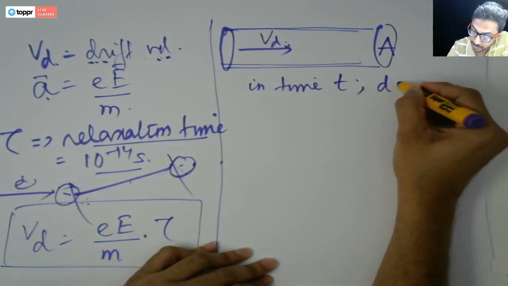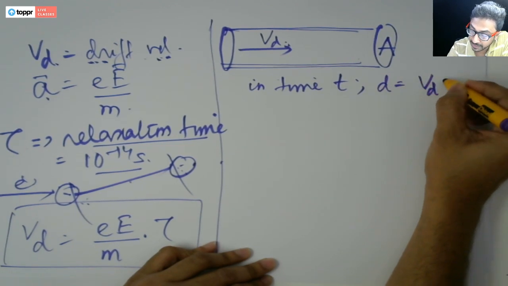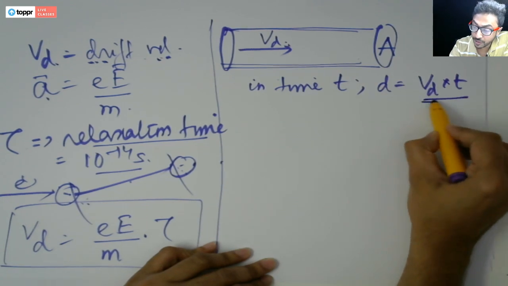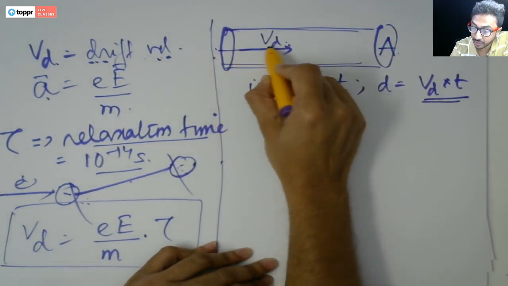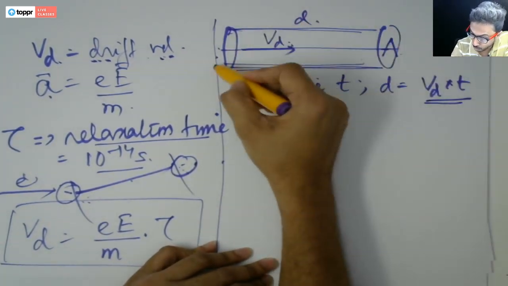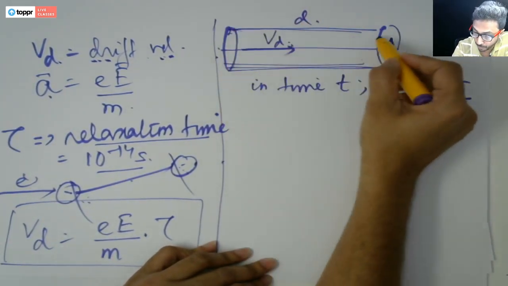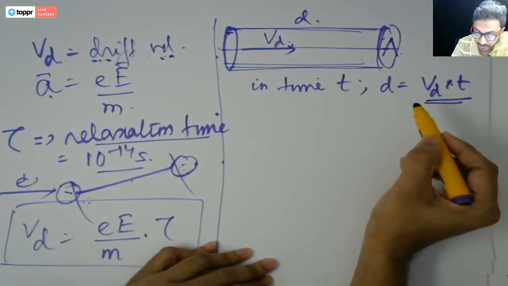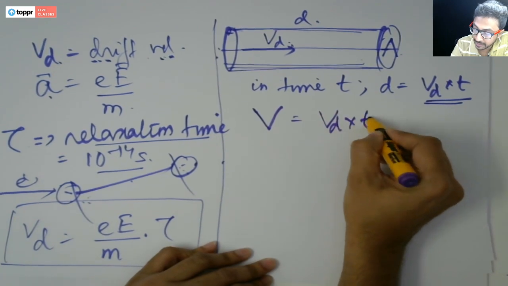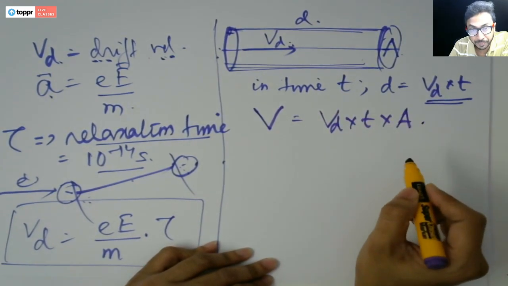The distance moved will be Vd into t. Now what is the total volume occupied by this distance and this cross-section area? The volume will be Vd into t into the area A.